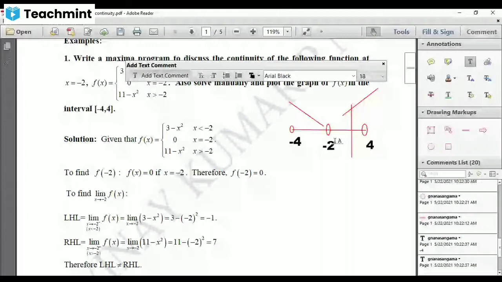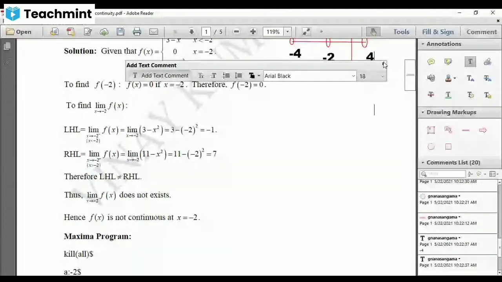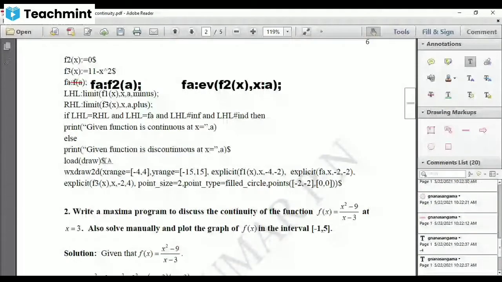Okay, let's draw this one. As usual, for this you need to load one package, that is load(draw), then wxdraw2d. Within this simple bracket, you have to write everything. What is there? xrange, square bracket, -4 to 4, comma, yrange, we have assumed this one as -15 to +15, comma, explicit.